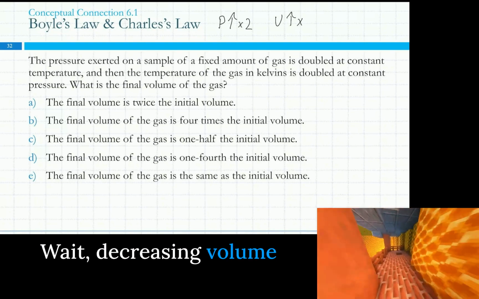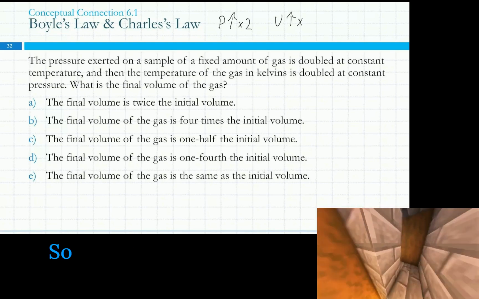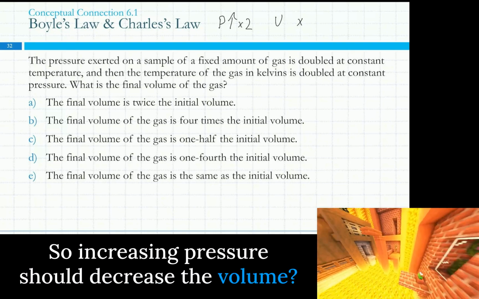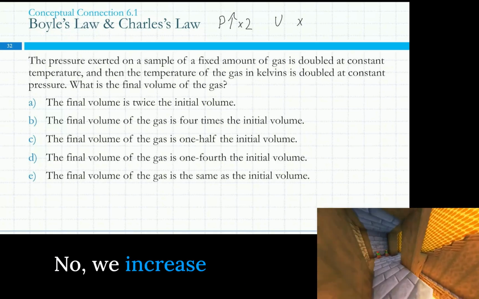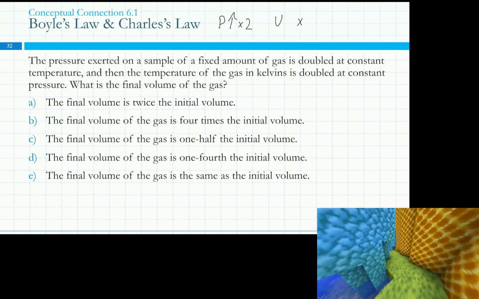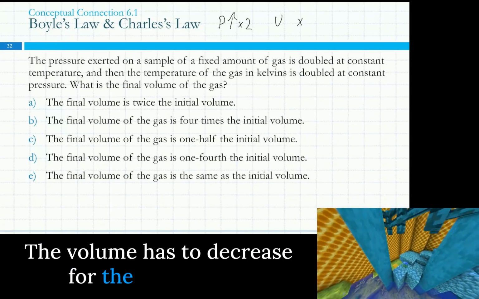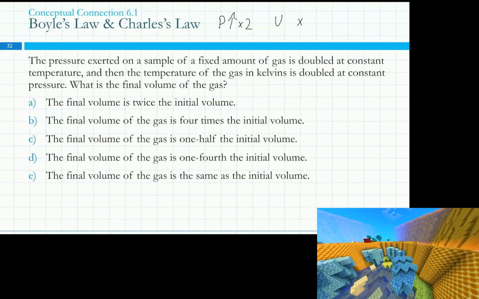Wait, decreasing volume increases pressure. So increasing pressure should decrease the volume? Yes. Oh, I remember this now. The volume has to decrease for the pressure to increase because they're inversely proportional.